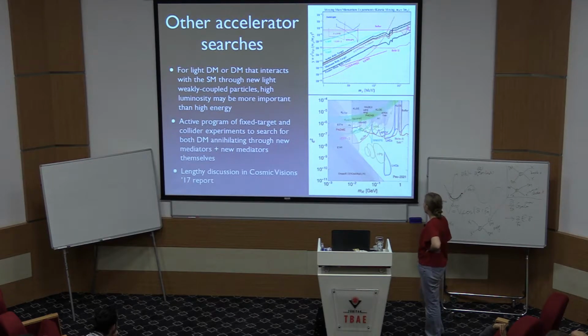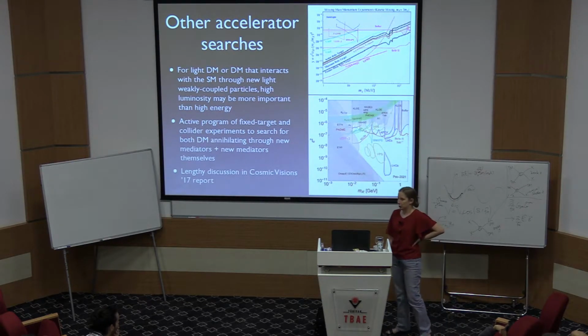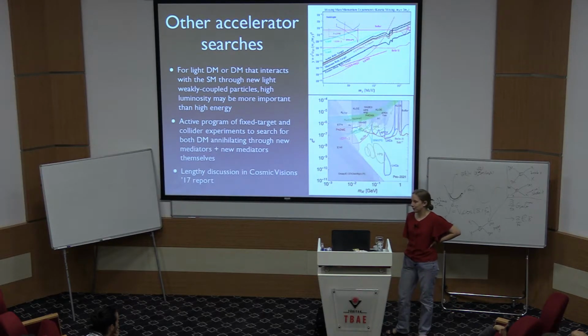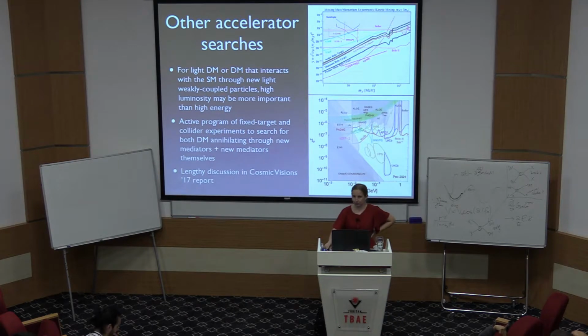And in the last 10 years, these experiments have pushed down the limit to the level that mixings of between 10 to the minus 3 and 10 to the minus 4 in this epsilon parameter are now getting constrained. But you can see there's still some region open for 10 MeV to 1 GeV particles that mix with the standard model photon at the level of 10 to the minus 4 or 10 to the minus 5. So these are also a class of related searches.